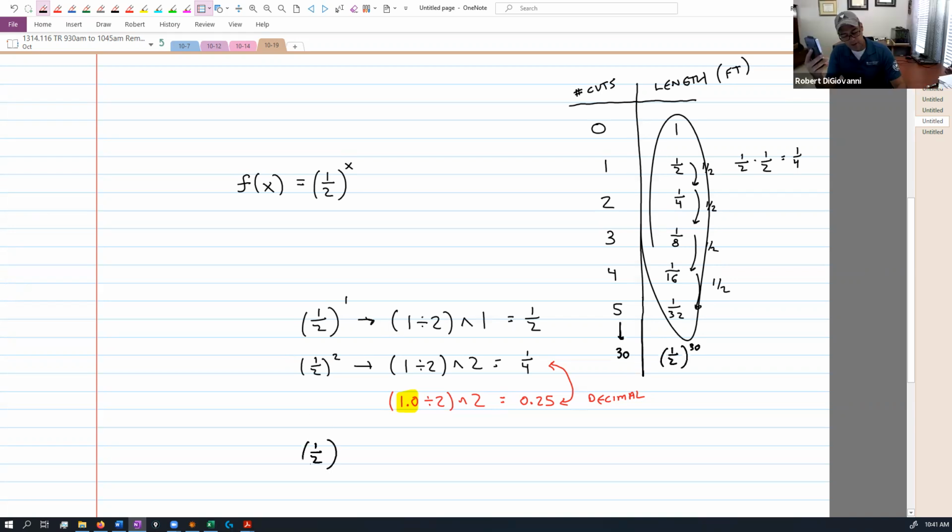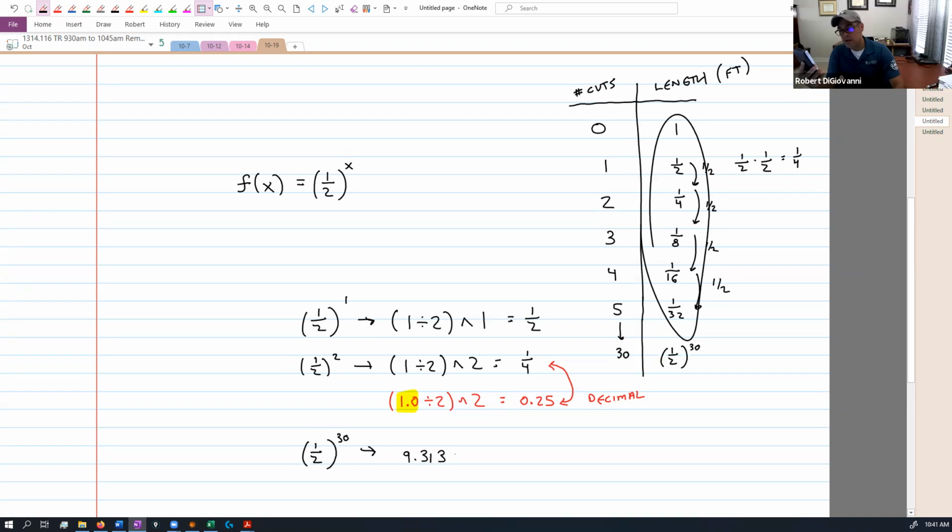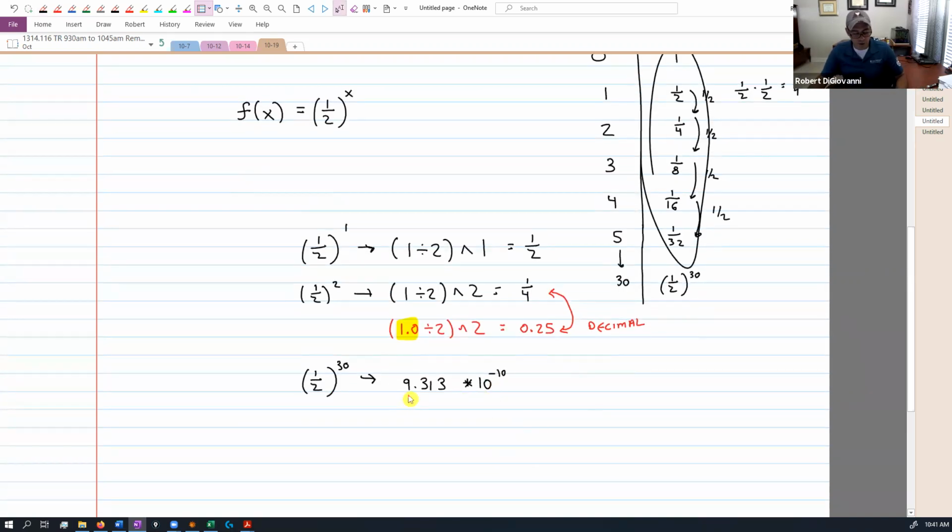Yes, so let me explain what's happening there. We're doing 1/2 to the 30 and your calculator is saying 9.313. And there's a bunch of numbers and at the end it says times 10 to the -10. What this means is move your decimal point to the left 10 spaces. So that means take this answer, move your decimal point 10 places to the left. 1, 2, 3, 4, 5, 6, 7, 8, 9, 10.